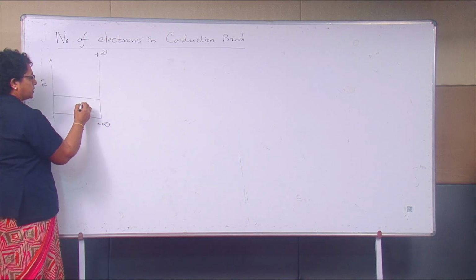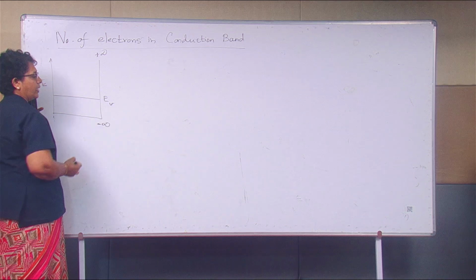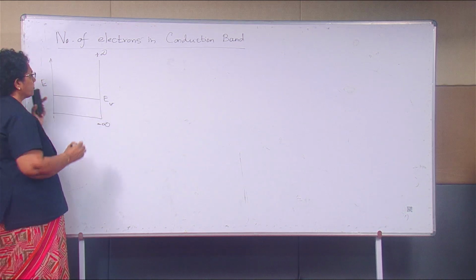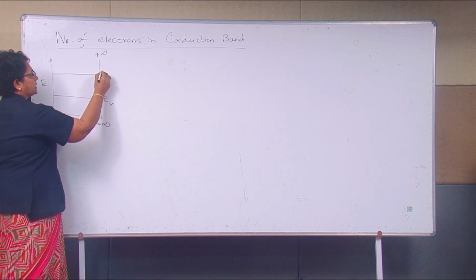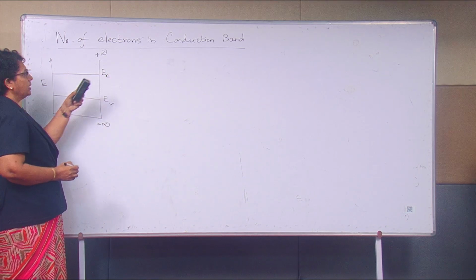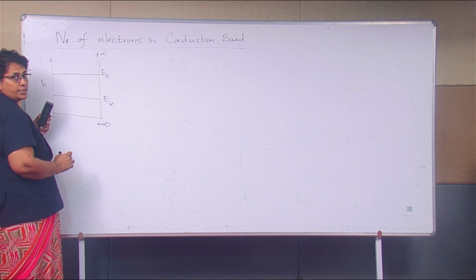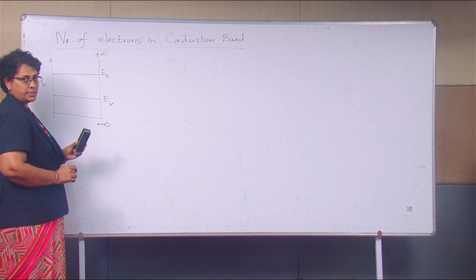The maximum level of the valence band is named EV. The conduction band starts at EC and ends at plus infinity, while the valence band starts at minus infinity and ends at EV.